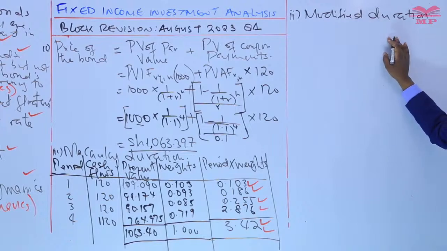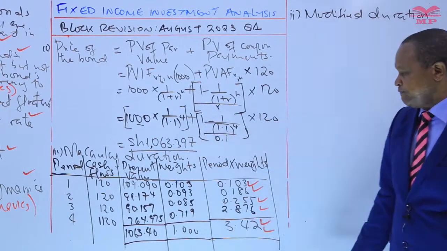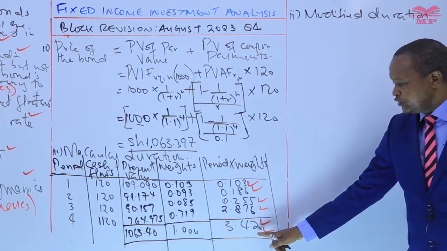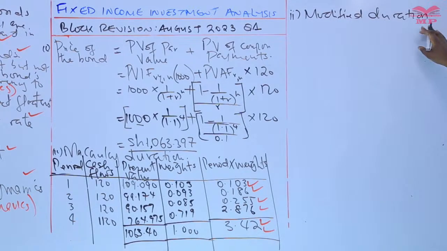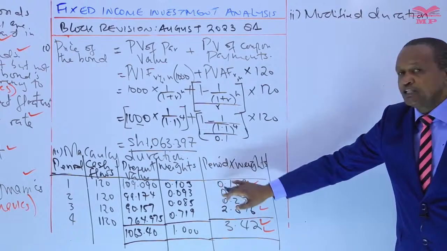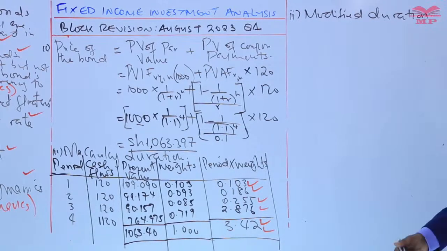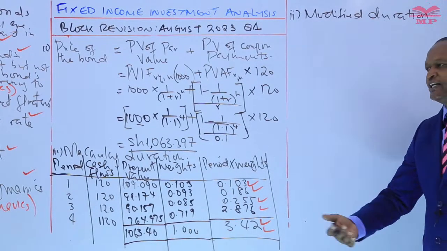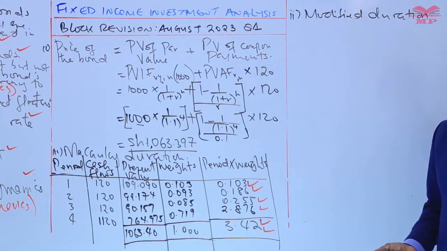The modified duration is a more precise measurement of the bond's price sensitivity to changes in interest rates compared to the Macaulay duration. It is this Macaulay duration that is being modified here. It addresses some of the limitations of the Macaulay duration by incorporating the bond's current yield to maturity.